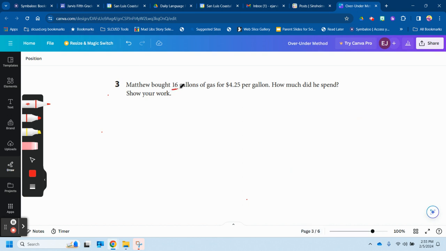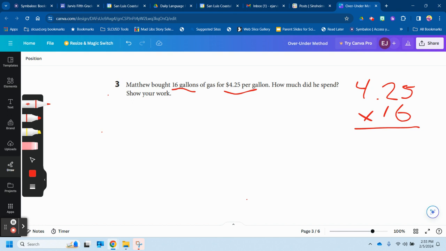So 16 gallons of gas for $4.25 per gallon. Ooh, I wish I could find gas for $4.25 a gallon. One strategy is to just multiply it straight out and use the technique I showed you today, the long multiplication with the decimals. Another way is you can break it up into 3 problems: 10 gallons, 5 gallons, and 1.